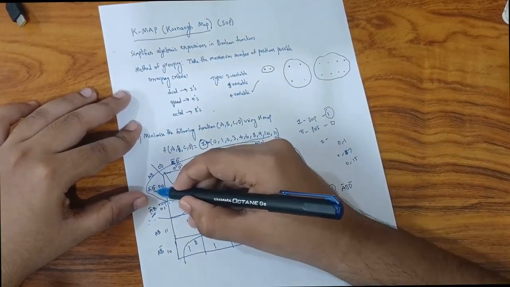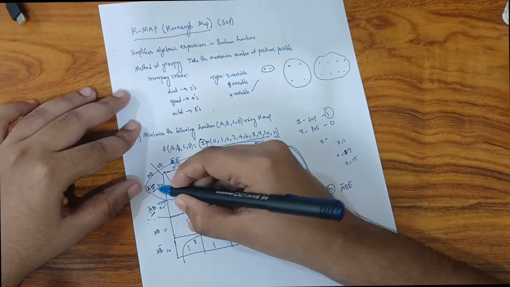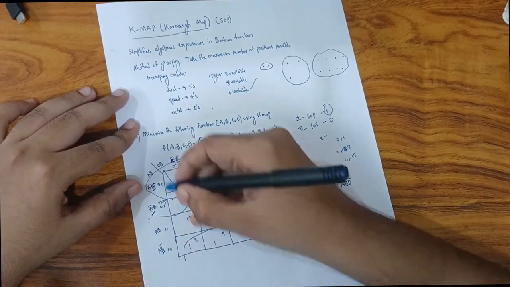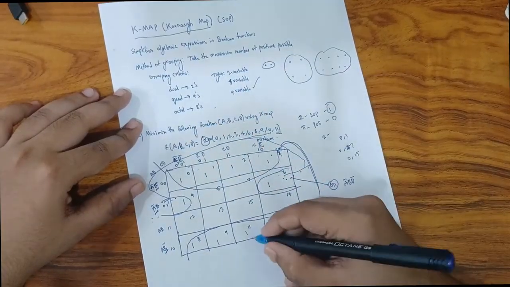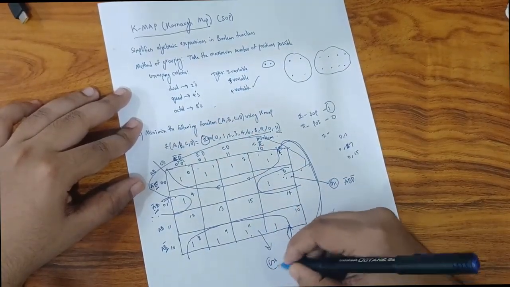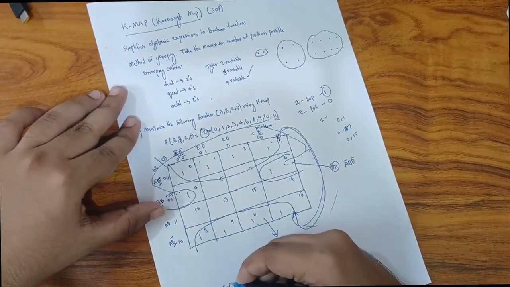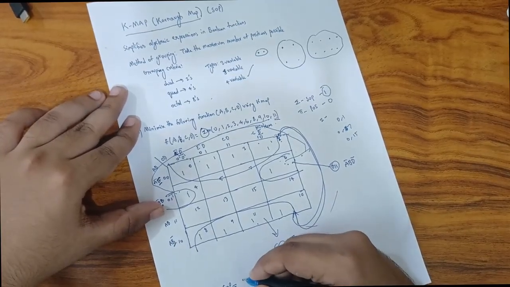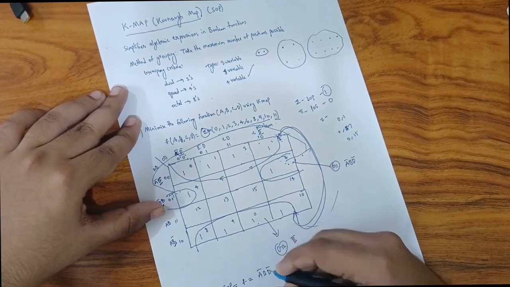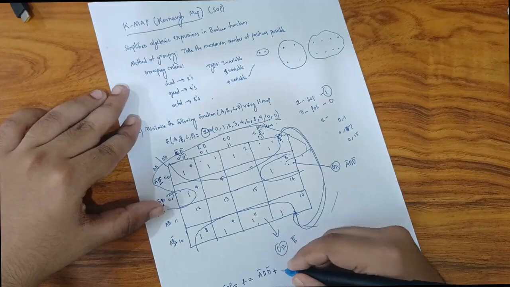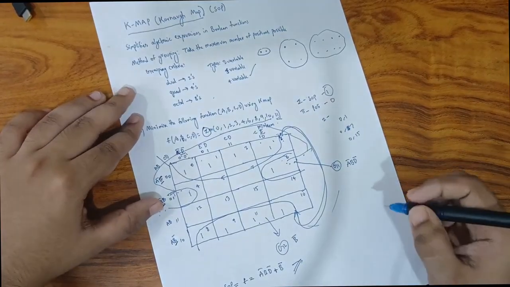If we look at the minterms here, you can notice that this B bar and this B bar are in common, but A bar and A are not in common. So in group 2 we have B bar as common. Now the SOP equation is A bar B D bar plus B bar. So this is our final SOP expression.